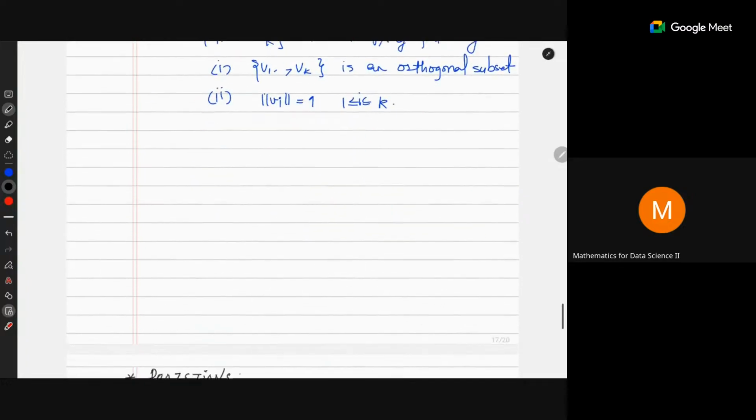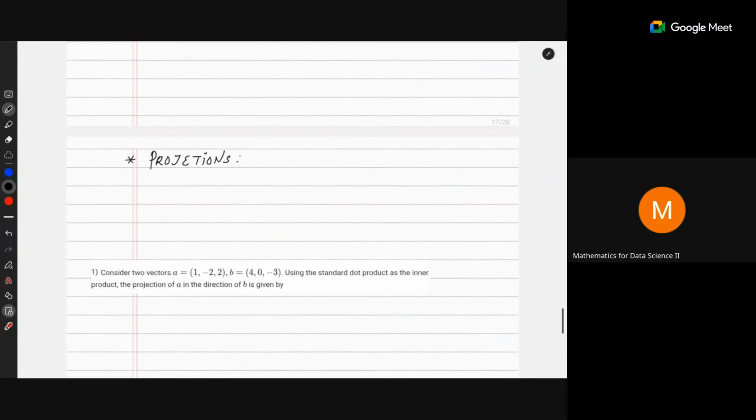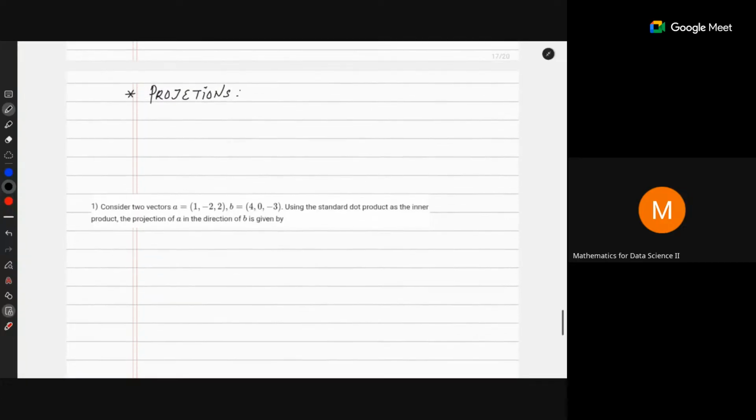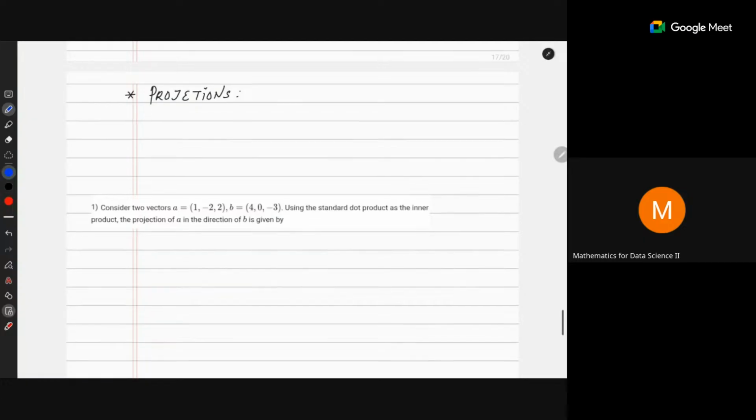All right. Now let's talk about projections. Projections are helpful in R2 to calculate the minimum distance between two points. Let me first define the projection.